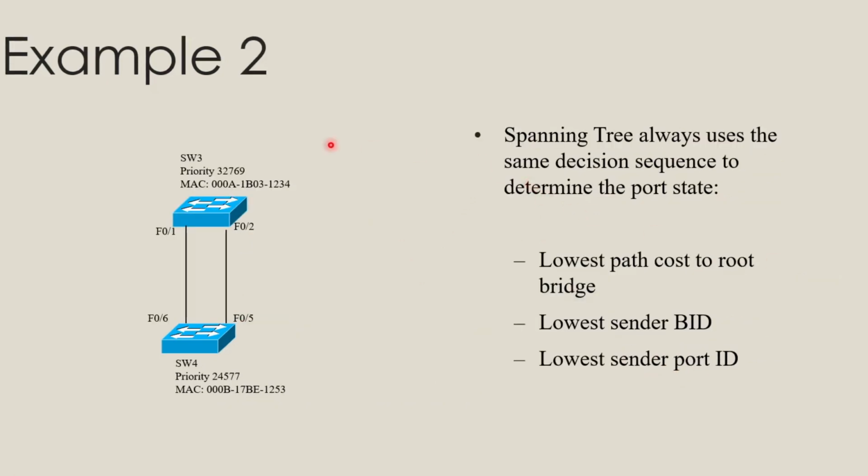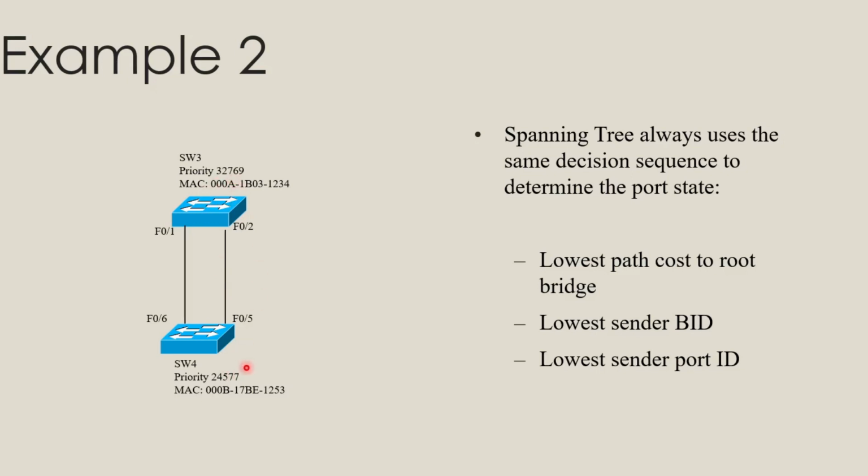Okay, so this example has two switches interconnected with two links. This is a loop. And the spanning tree switches will perform the spanning tree operation. First, elect the root based on the root bridge. Then compare the bridge ID between these two switches.